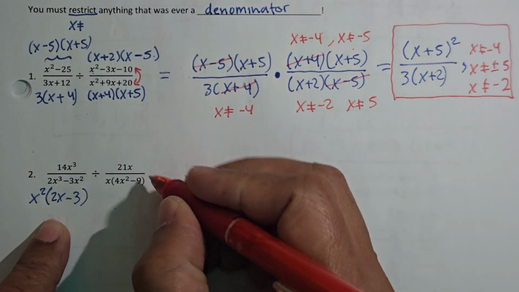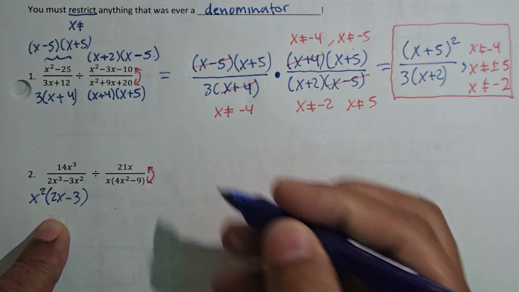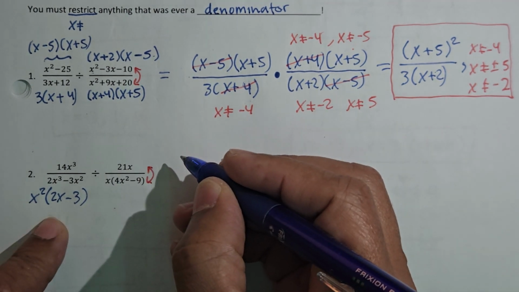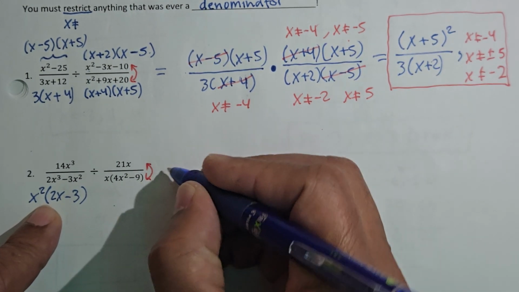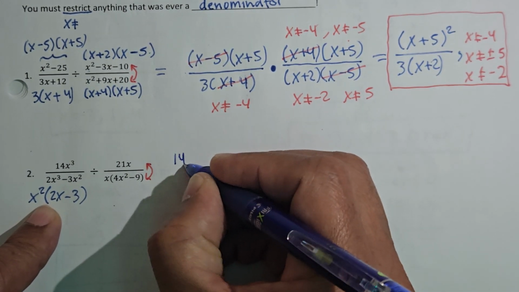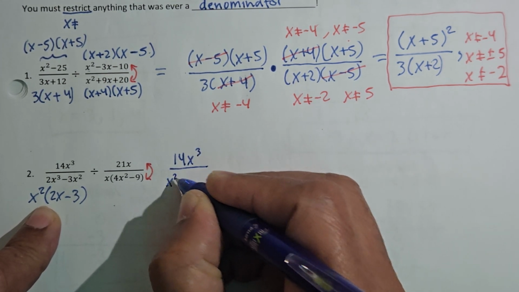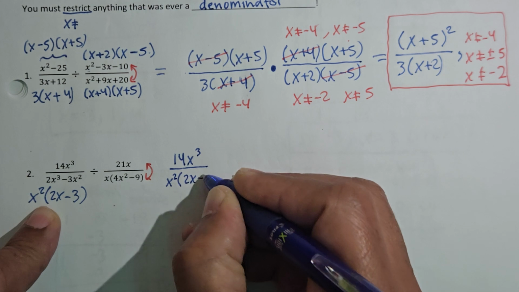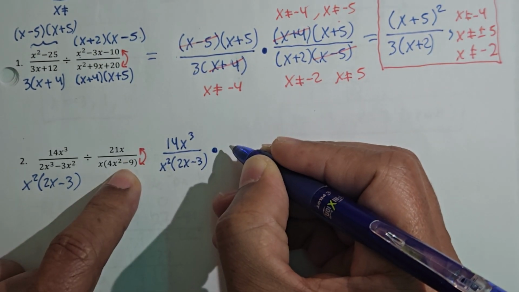So I'm going to reciprocate this one and change this to multiplication. Here we have 14x cubed over x squared times 2x minus 3. Change to multiplication, and let's reciprocate this one.